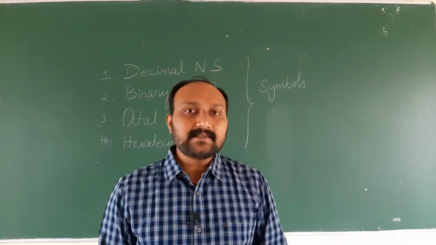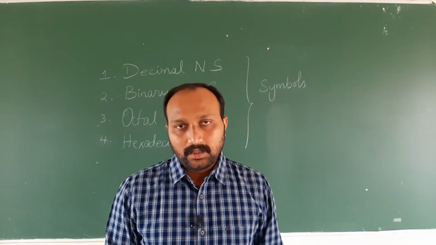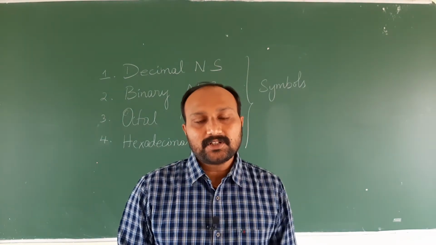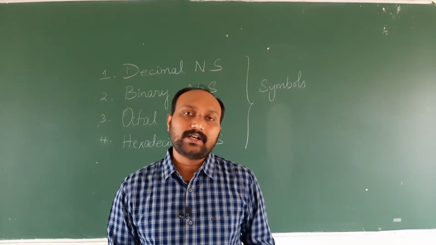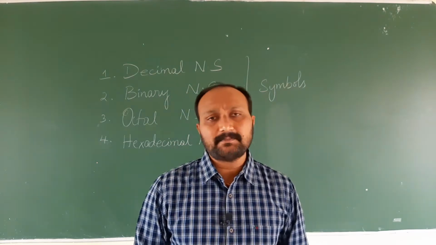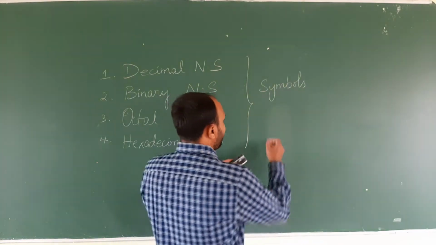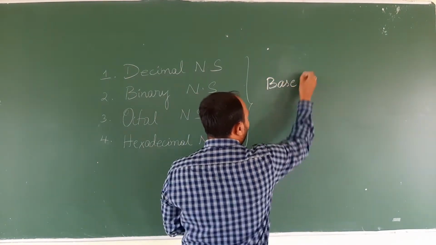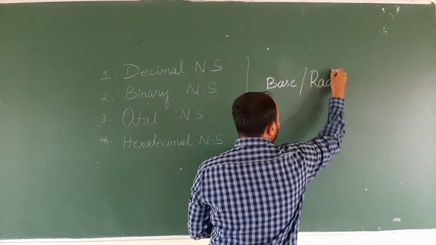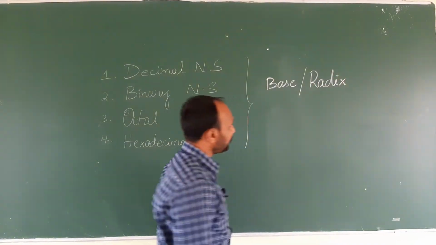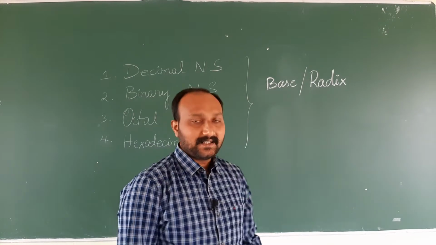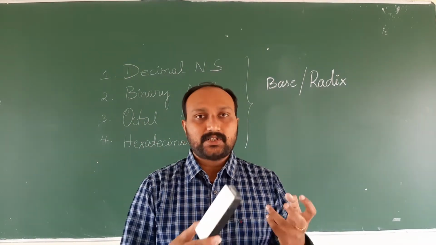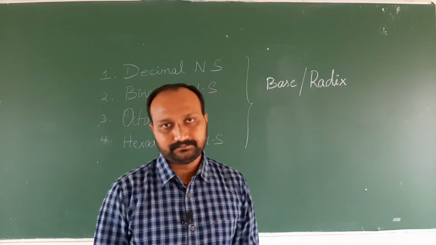Depending on how many symbols we use, that particular number system carries a terminology called radix, also called the base of that number system. So, what do you mean by base of a number system, or radix? Base or radix tells us the total number of symbols or digits used in a particular number system.